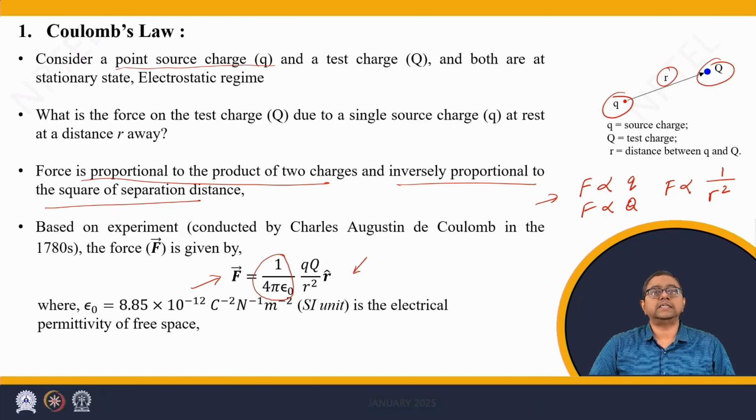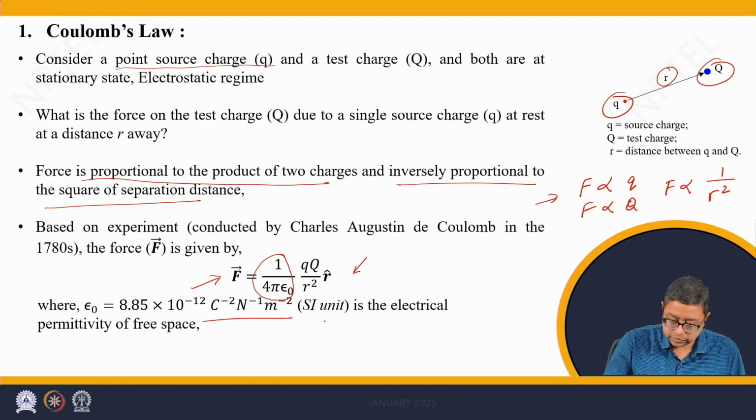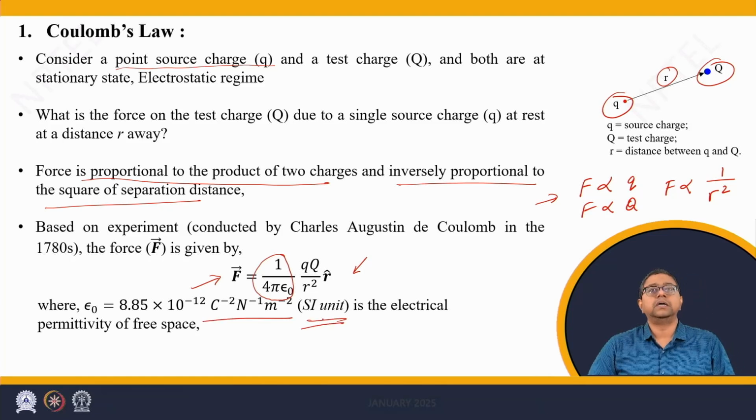Its value is 8.85 into 10 to the power minus 12 Coulomb squared per Newton per meter squared, that is Coulomb to the power minus 2 Newton to the power minus 1 meter to the power minus 2. This is in SI units.